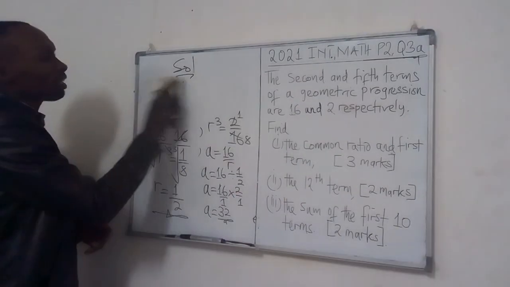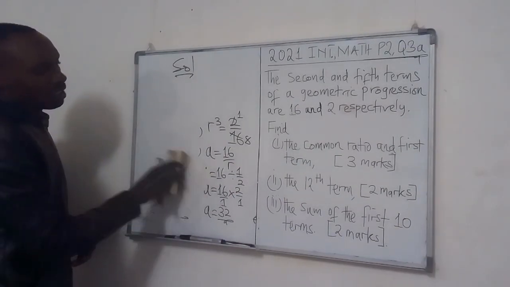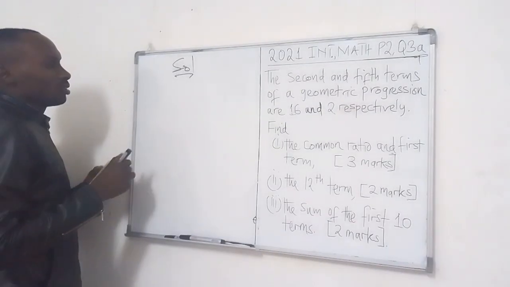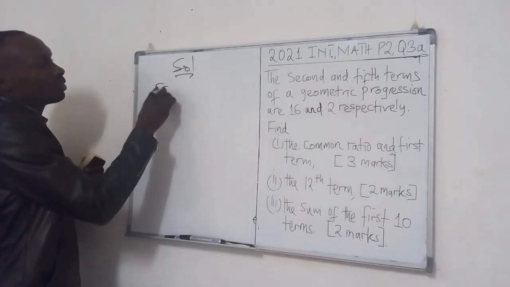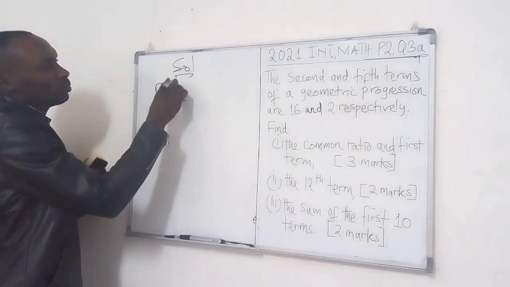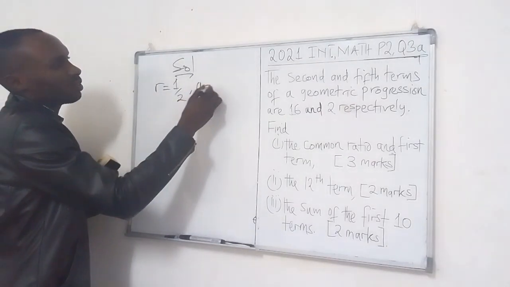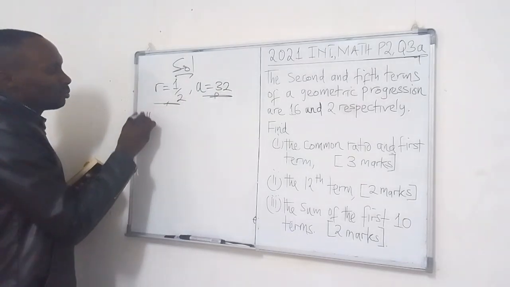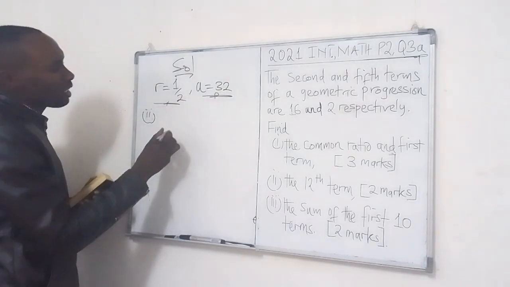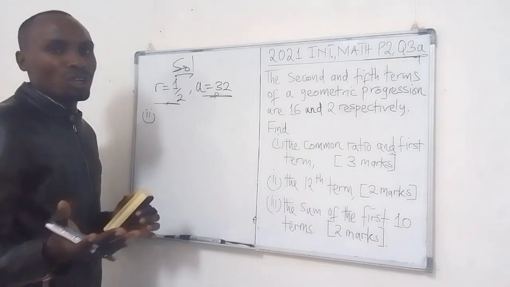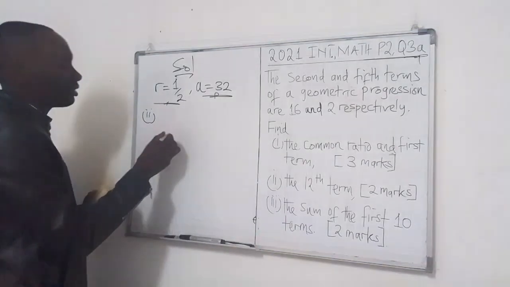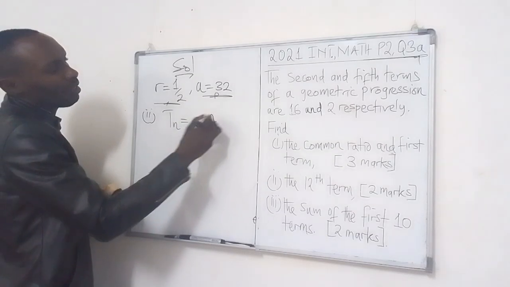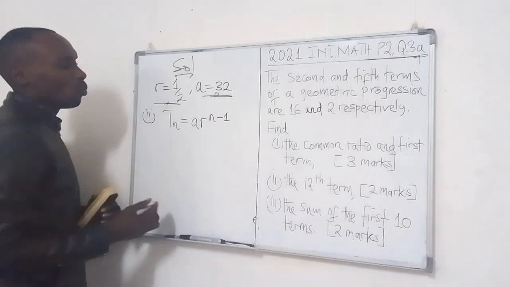So for the 12th term, taking note of what we've calculated, r is equal to 1 over 2, then a is equal to 32. We start with the general formula for calculating terms: t n equal to a r power n minus 1.